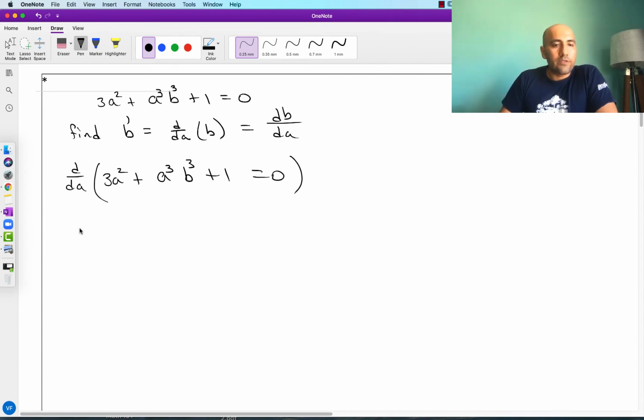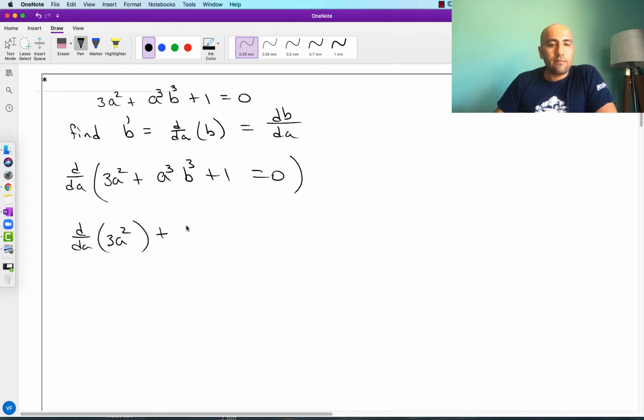Okay, so the first one should be nice and easy. Derivative with respect to a of 3a squared. The variables match. The variable of differentiation is a, and this is written in a, so that should be an easy derivative. Plus, okay, so now we're going to need the derivative of this, but it's a product rule.